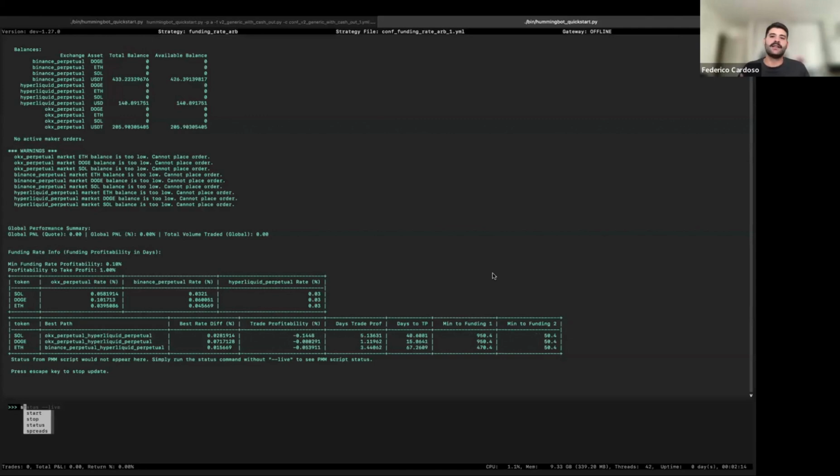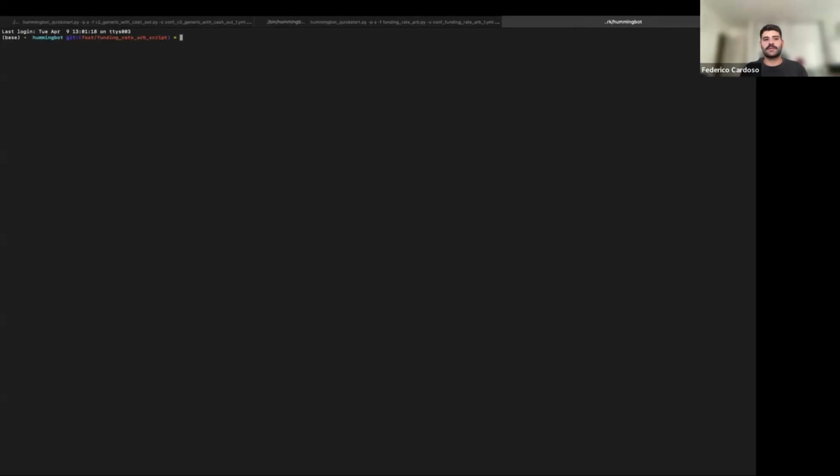So this is another type of script that you can run in Hummingbot. Now let's go into the last script, which is a work in progress, but we are working on a cross-exchange market making executor.